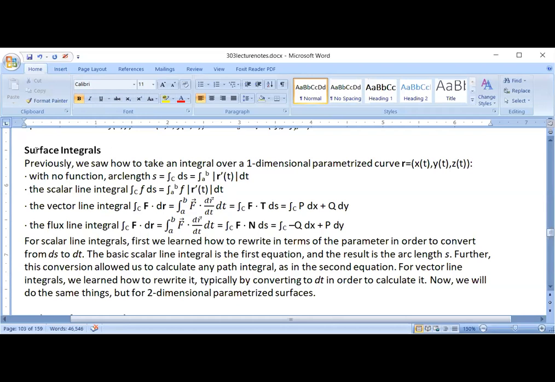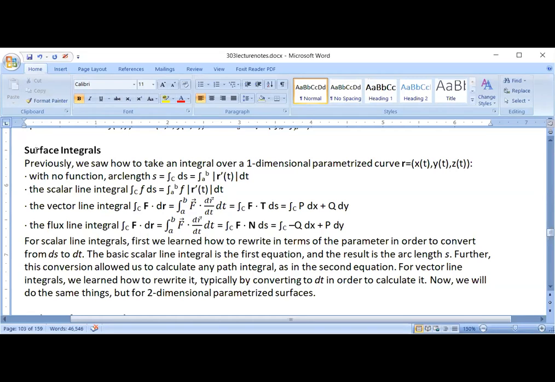First of all, if there's just no function, we could simply say that we're finding the arc length, and that was the integral over the curve, just ds. And then in order to calculate that, we would write that out as the integral from a to b of the magnitude of dr dt, and then all of that dt.